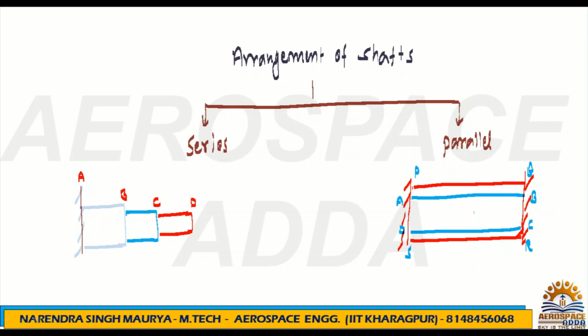If I say the total torque applied is capital T, and the outer shaft is sharing T1, and the inner shaft is sharing torque T2, then total torque T is equal to T1 plus T2. That is the analysis I'm saying. Hope this is very clear. Series and parallel.